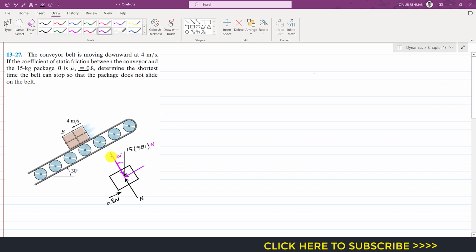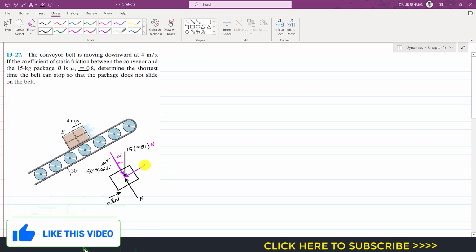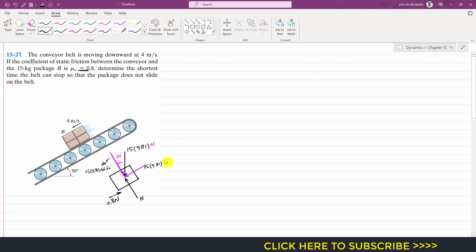So this one is the cos component, which is 15 into 9.81 cos of 30 degrees, and this one is 15 into 9.81 sine of 30 degrees. Let's assume that this is our positive x direction and this is our positive y direction. So this is our positive x and this is our positive y direction. Up the incline is positive.